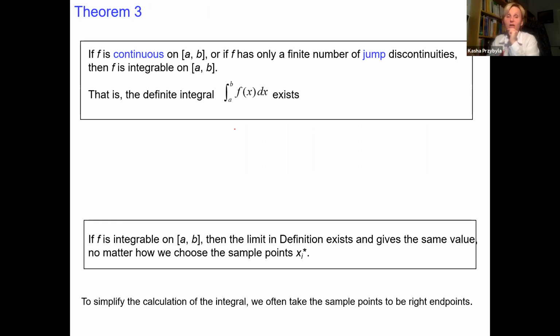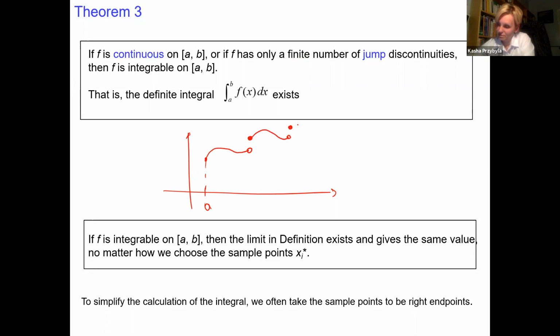If the function is continuous, or this is always surprising, we can have a finite number of jump discontinuities, because as soon as, let's say we have a function defined here and maybe here, something like that.